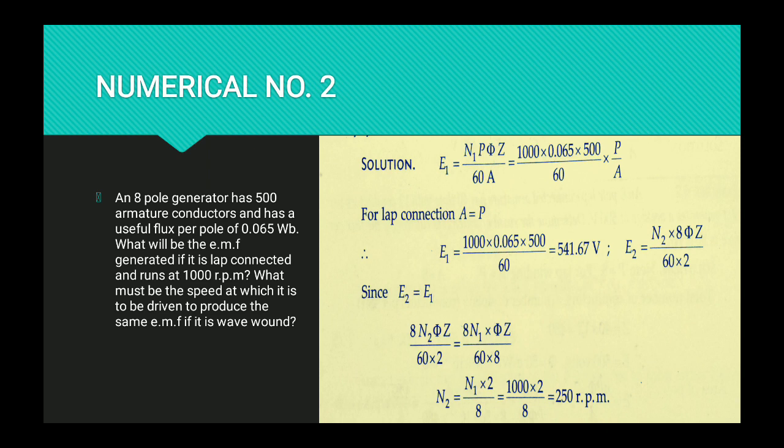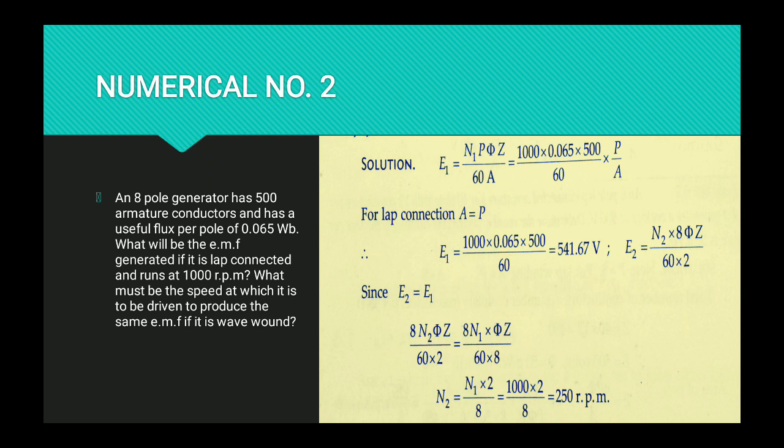What must be the speed at which it is to be driven to produce the same EMF if it is wave wound? If the EMF is the same and it is in wave connection, then what will be the speed of the generator? You have to find out. That means in both of these two conditions the EMF is the same.